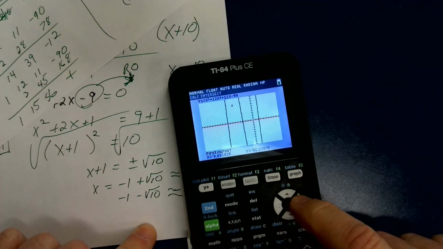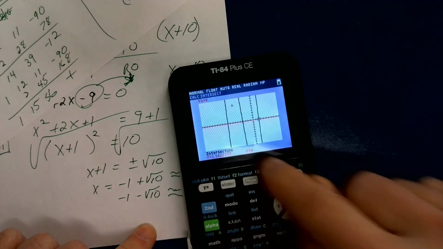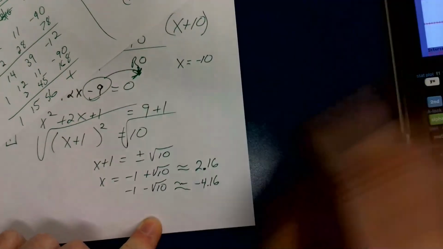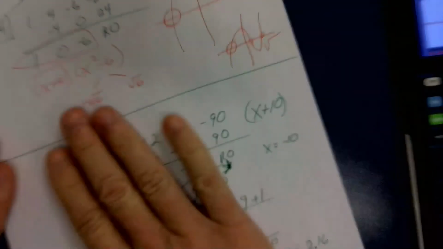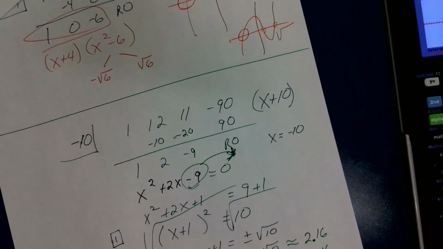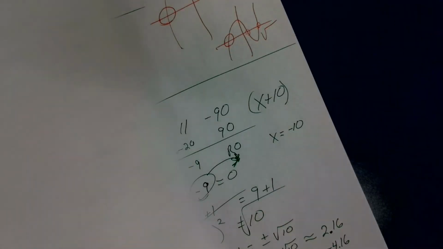Move my cursor over there. Enter, enter, enter. 2.16. However, you can see I did all of this without any technology. Okay? Again, big picture stuff. This is supposed to help offset what we did in class.